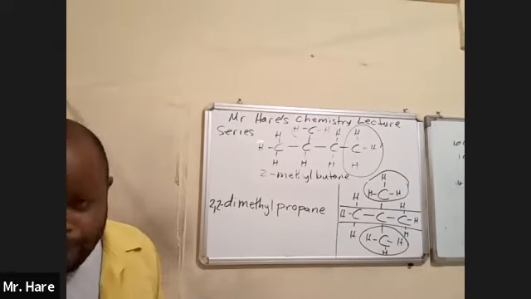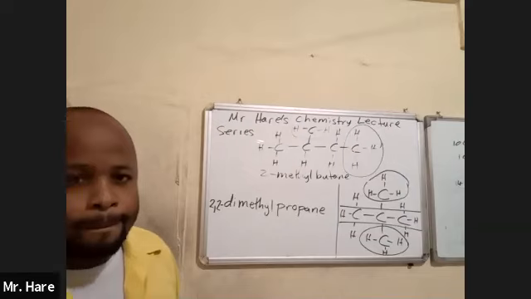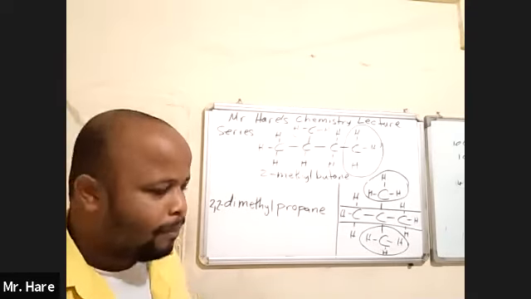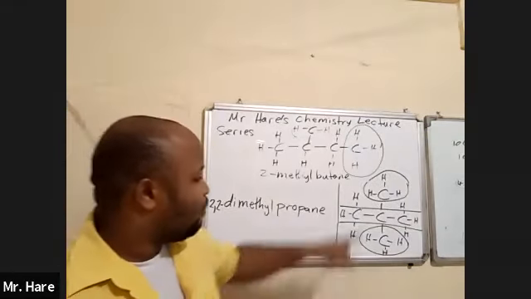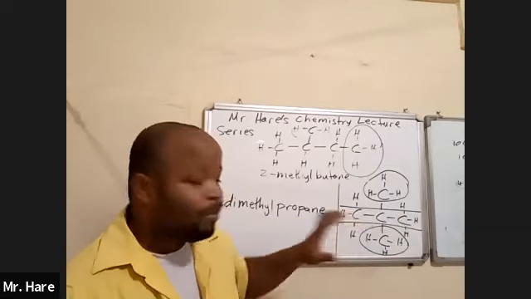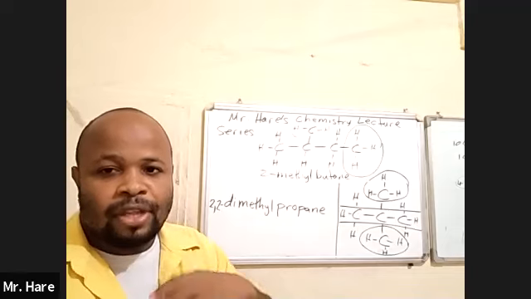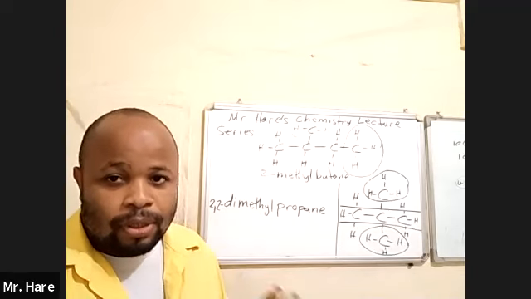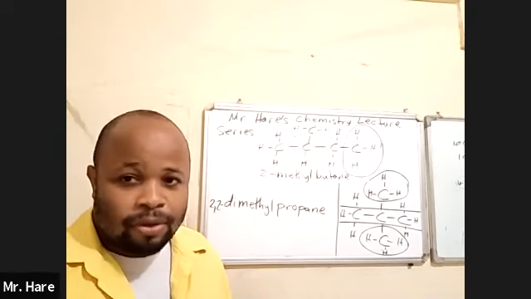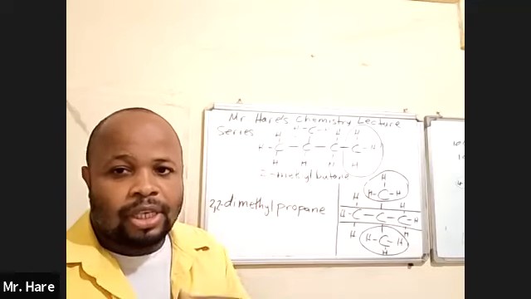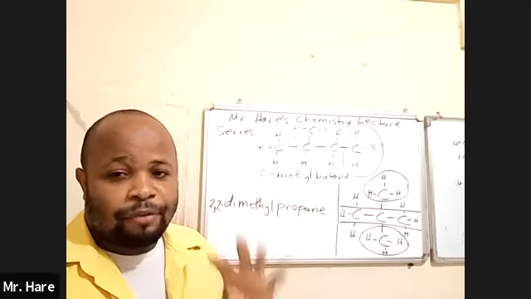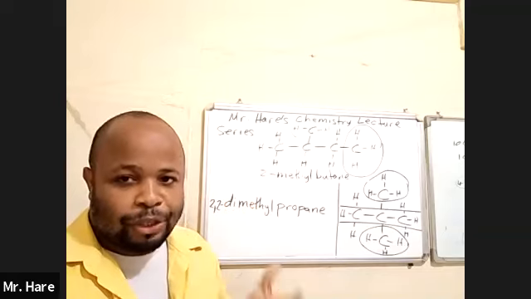And why do you call it dimethyl? So when you have 2 of the same substituents, we use a prefix. If you had 2 chloro groups, we would say dichloro. If it's 3, you say tri, and if it's 4, you say tetra.